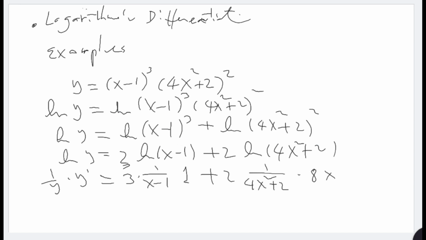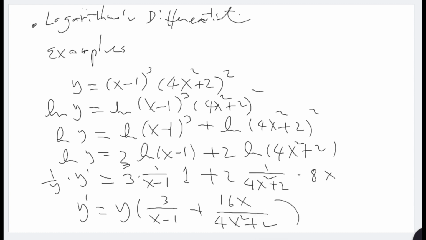So finally, your y prime is equal to, multiply both sides by y, 2 times 8 is 16. So this is the answer.